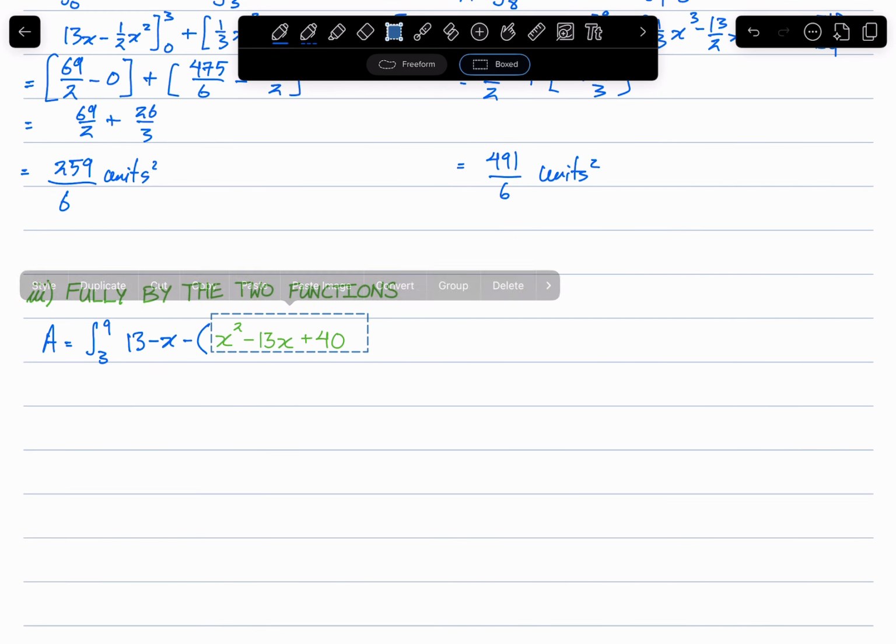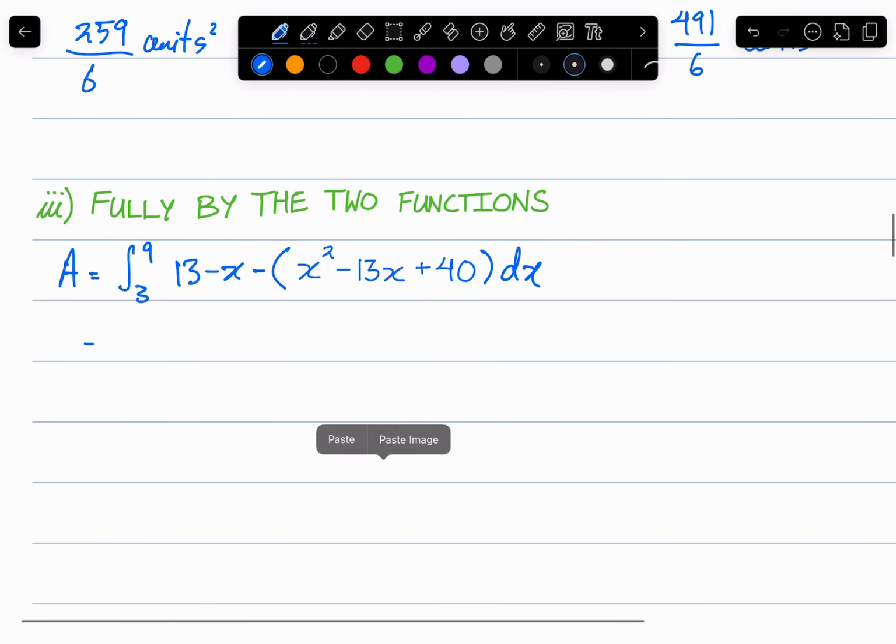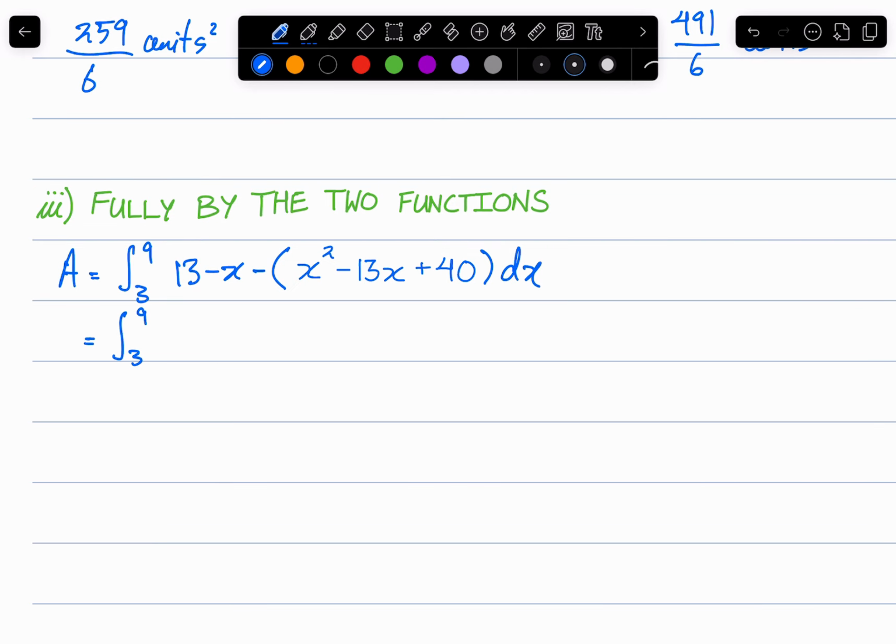But notice how I'm putting it inside that bracket. And the reason for that is I'm going to clean this up a little bit more first. This gives me negative x squared plus 13x minus 40.